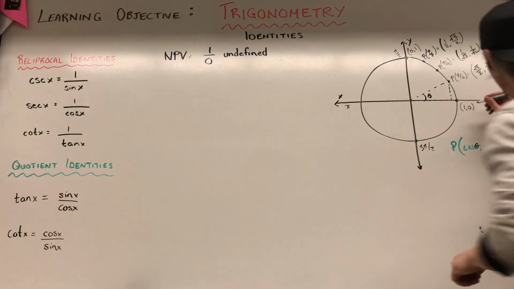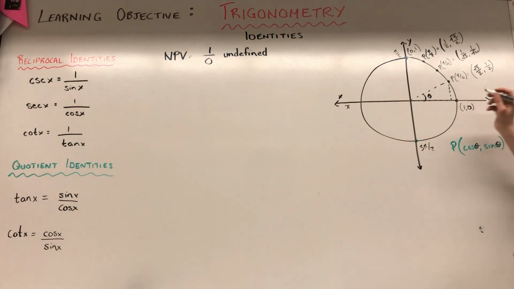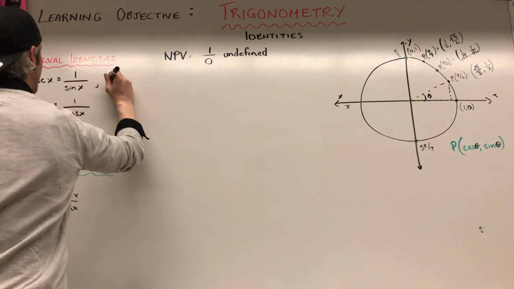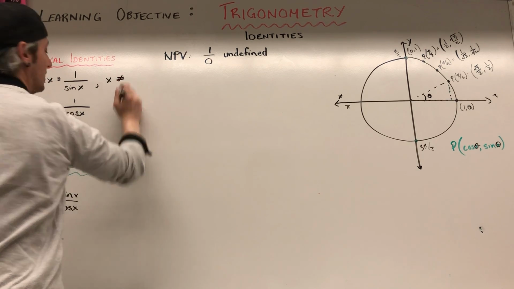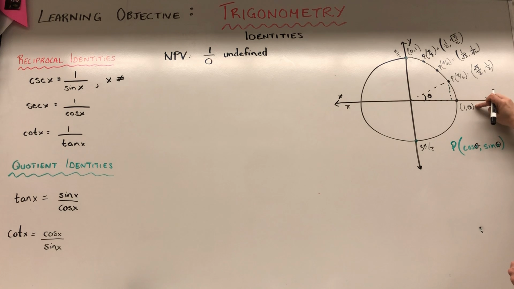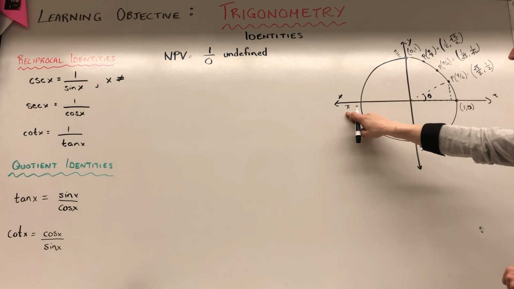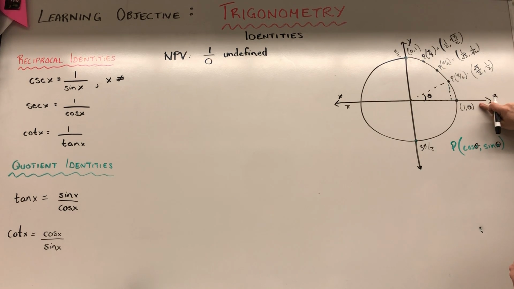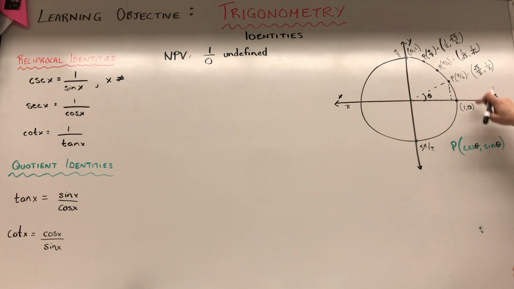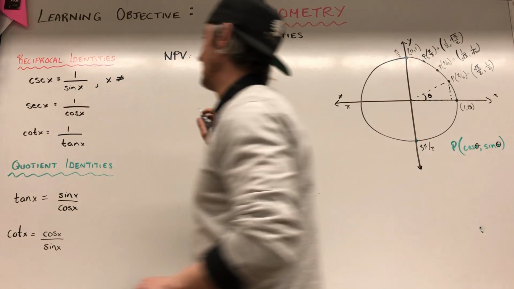Sine of x is equal to 0 here and here. So we say that x cannot equal any multiple of pi, because 0 pi is 0, 1 pi is there, 2 pi is back here, 3 pi is back here. So any multiple of pi is going to have a sine of 0, or a sine of x is equal to 0.